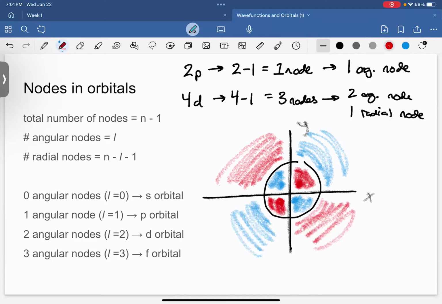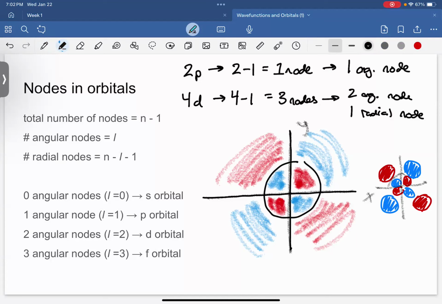And this picture is the same as the picture we've maybe drawn before of a 4d orbital that would have this cloverleaf shape, where it's got two angular nodes and one radial node.